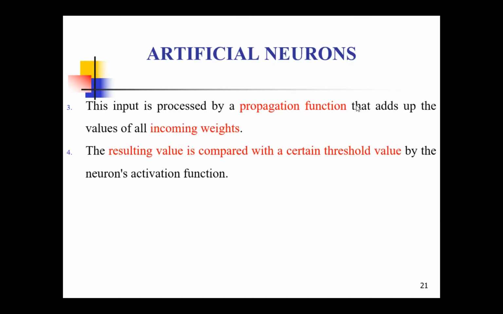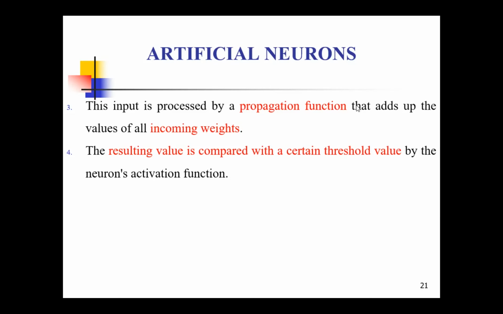In the case of biological neurons, when the stimulation is higher than the threshold value, then only the information will be passed to the subsequent neurons. When the stimulation is lower than the threshold value, the information will be inhibited, or the neurons will be inhibited. So neurons will be activated when the stimulation value is higher than the threshold value.